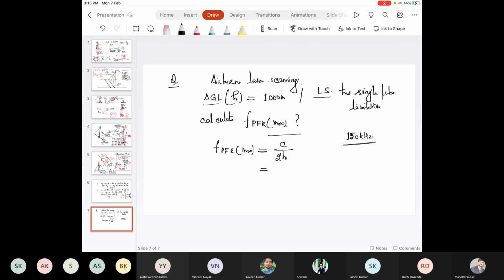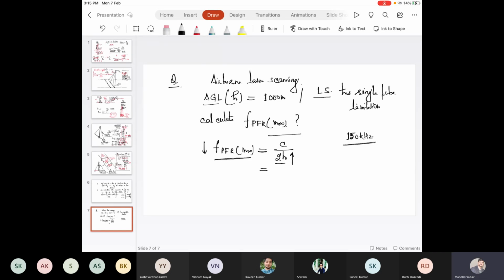And all of you, please listen, those who were absent in the previous lecture, the detailed discussion you can talk about with your batchmates. But see over here, this pulse firing rate maximum is related with this flying altitude h. Okay, so if you increase this flying altitude, what will happen? This pulse firing rate will decrease.